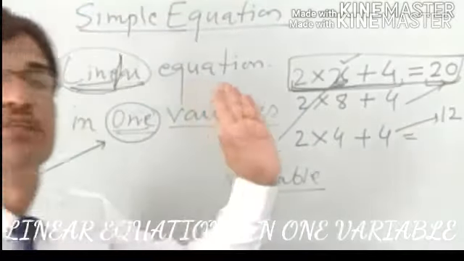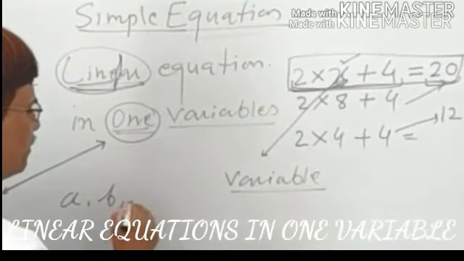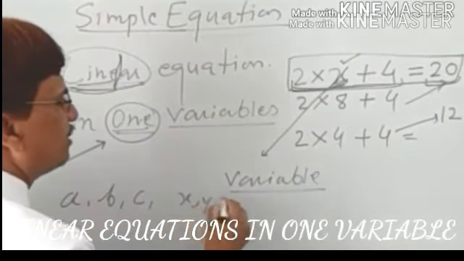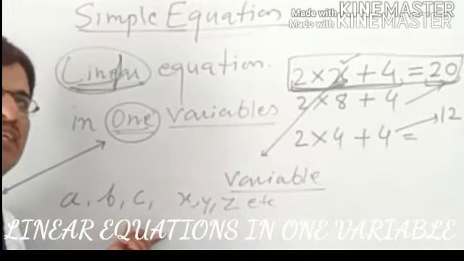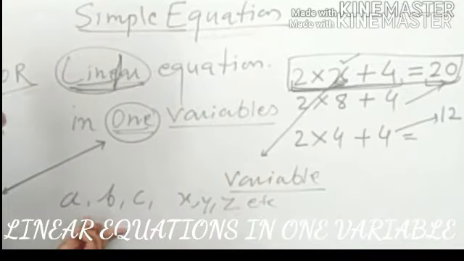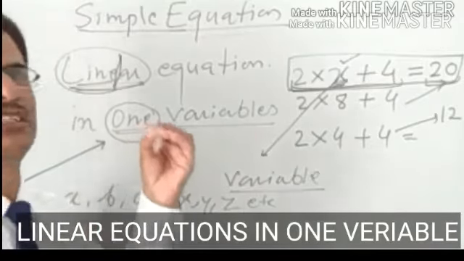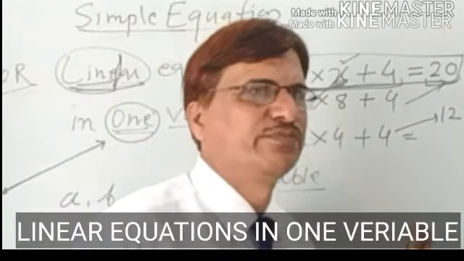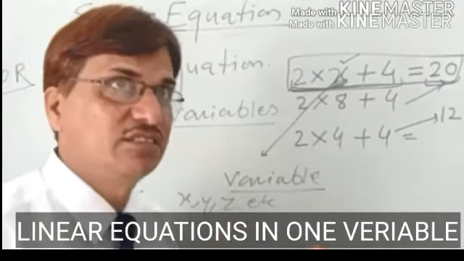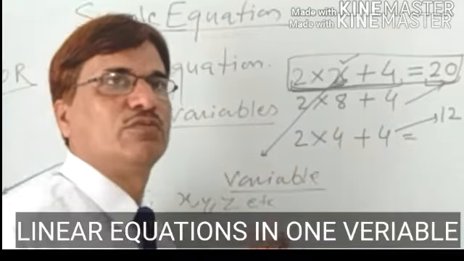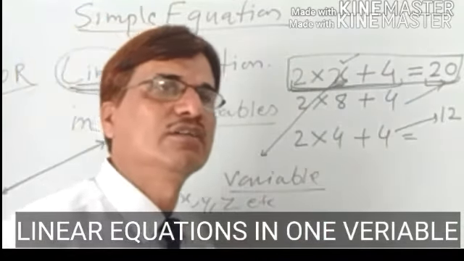Variables are denoted by alphabets A, B, C, X, Y, Z, etc. A variable has no fixed value. Understand? It takes different numerical values.